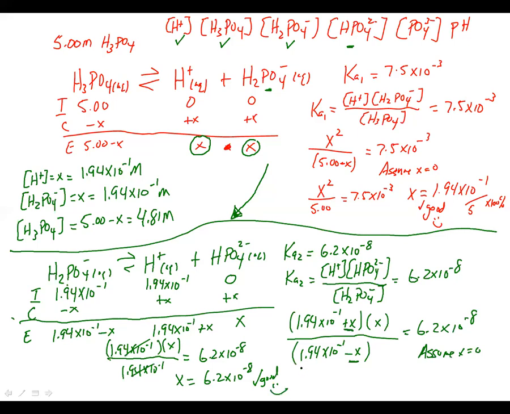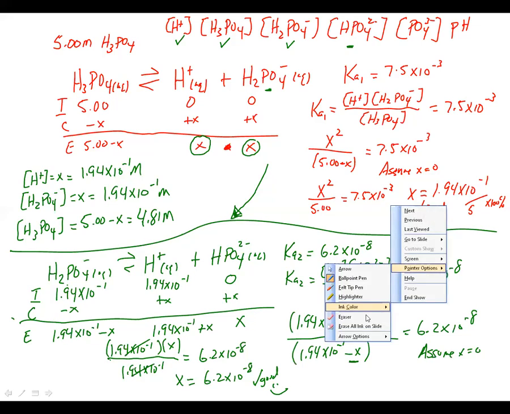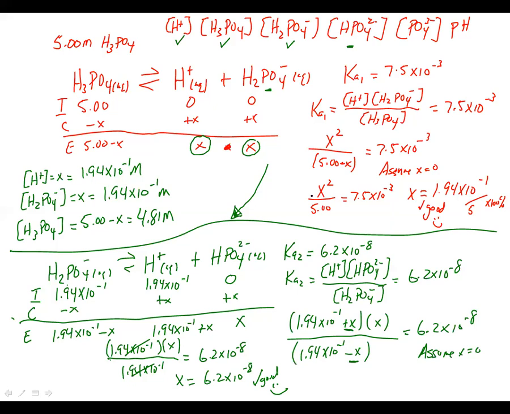So what does that mean? That means that from our table at equilibrium here, we now have been able to get the concentration of HPO4 2 minus, which equals x.